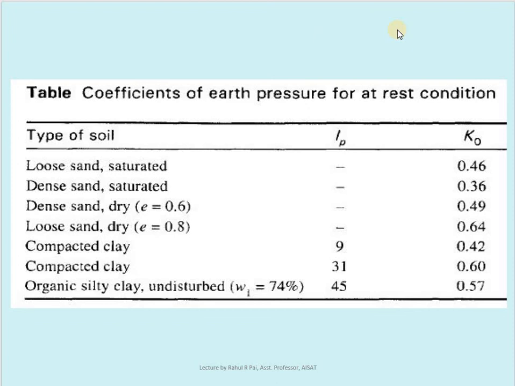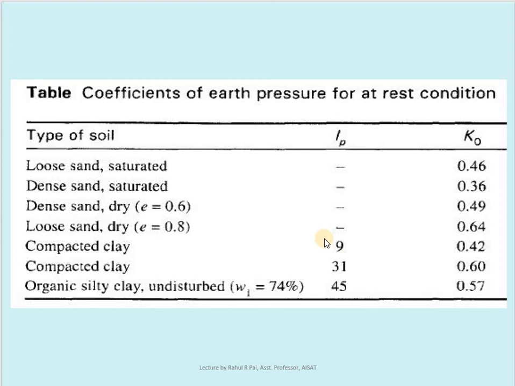Now here is a table showing the coefficient of earth pressure at rest condition for various types of soils. In this table you can see the plasticity index as well as the K naught value. For loose sand and dense sand, you don't have the plasticity index because they don't have plastic characteristics, so the K naught value, the pressure coefficient, is given directly. So you can get the K naught value if you have the type of soil, and it is also given for compacted clay as well as organic silt.